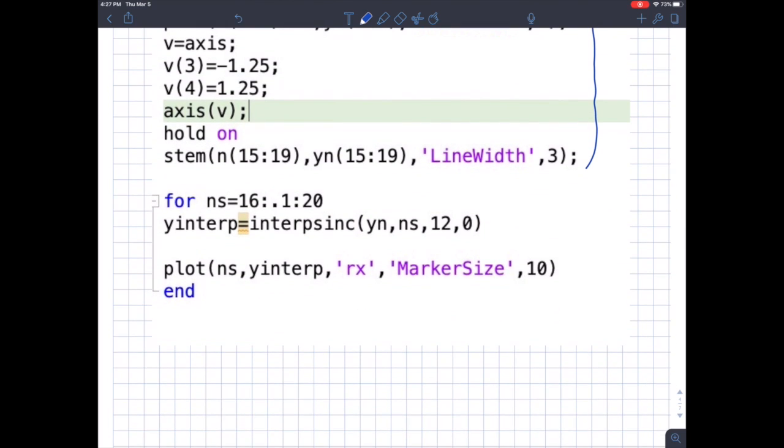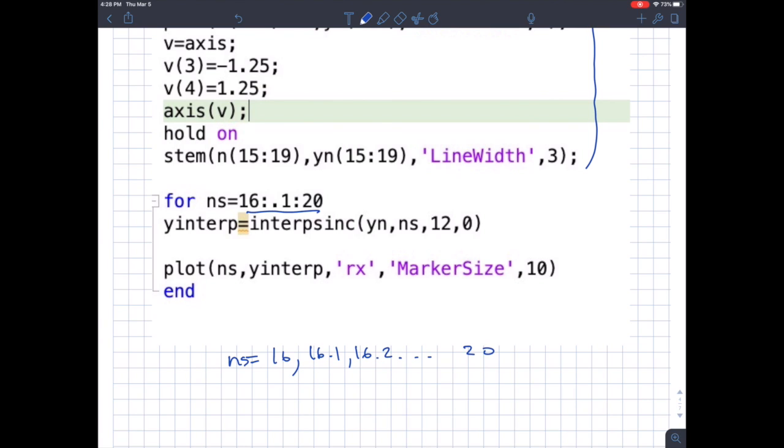What you need to know is that we are going to do interpolation. We're going to look at n equals 16. I'm calling it ns for samples. ns equals 16, and this code says go 16, 16.1, 16.2, all the way out to 20.